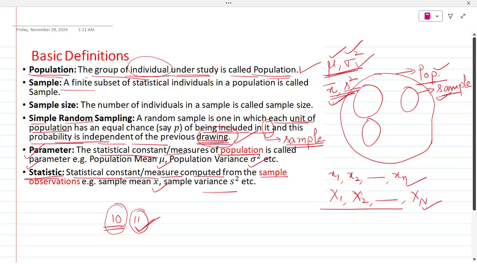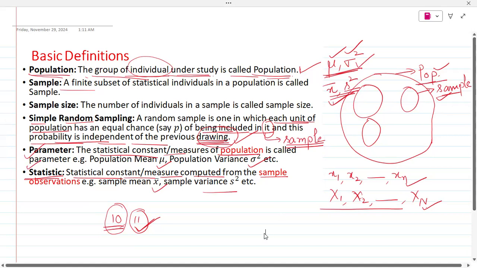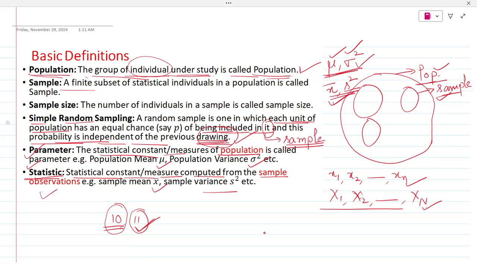Now the next thing is, this is one definition of statistic. There is another definition of statistic: that it is a function of sample observations x1, x2, xn.